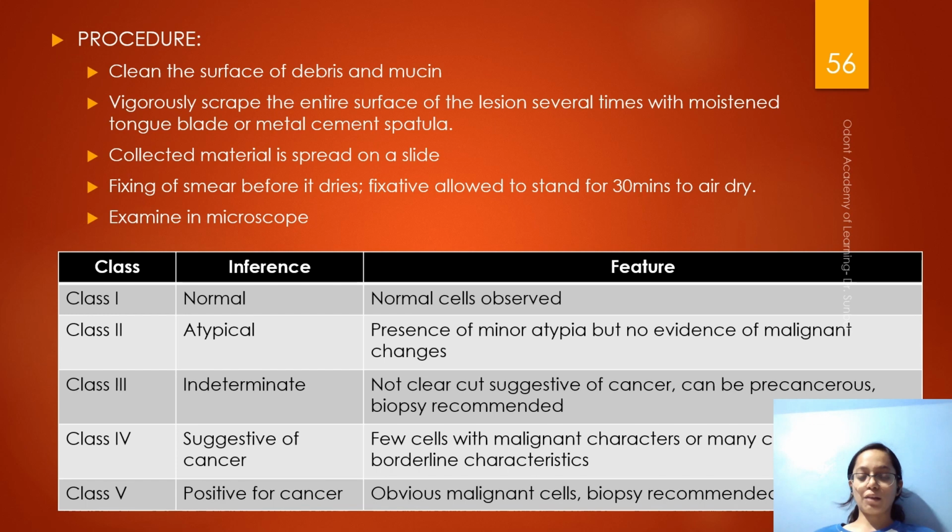Okay, the cells that were collected showed malignant potential characteristics. And class 5 is the one where it is totally positive for cancer, and it has malignant cells, so biopsy is recommended to check how much of the extent has been involved. Okay, we don't want further spread.